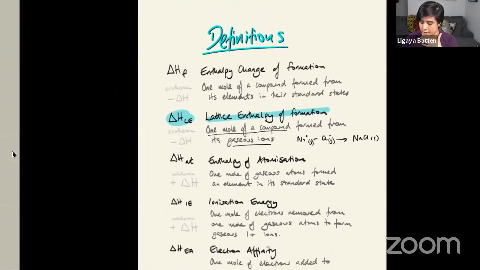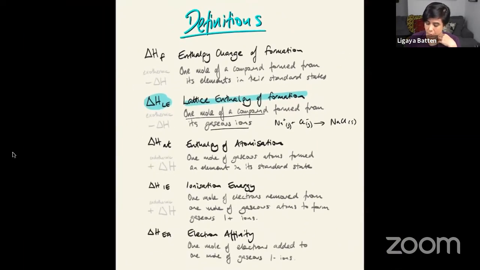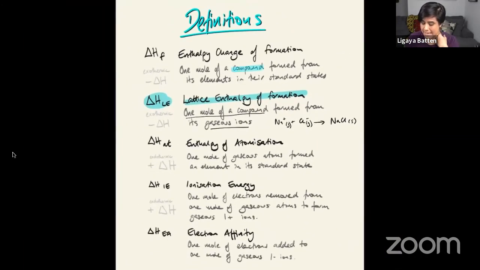Okay, so enthalpy change of formation, we've got 1 mole of a compound being formed from its elements in their standard states, and that again is important because now we can write the equation for the formation of NaCl. You can see how this is going to be different to the lattice enthalpy because we're starting with the elements in their standard states, and to make sure it balances, we want to make only 1 mole of the compound, so we've got to have the half Cl2 there.